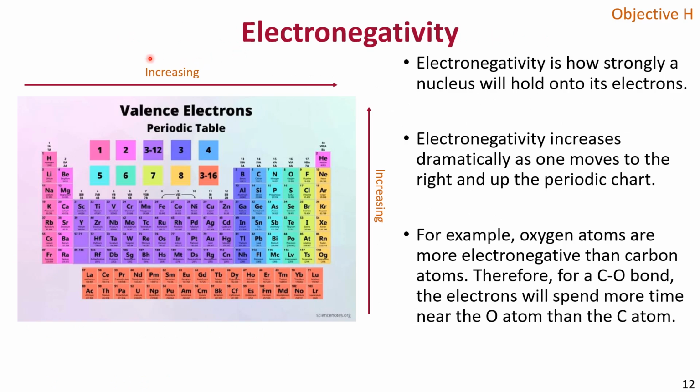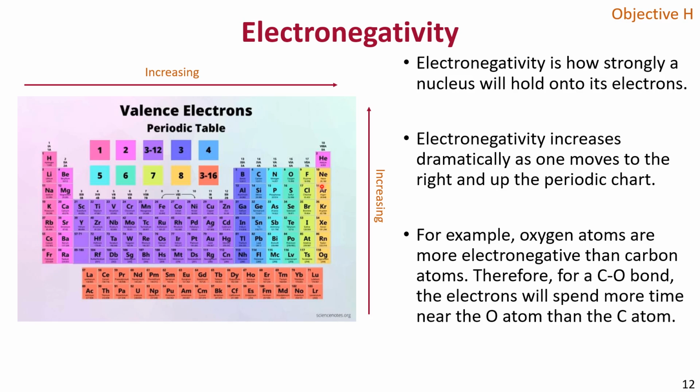When we look at the periodic table as a whole, we can see these trends overall. Electronegativity increases as we move to the right on the periodic table, and electronegativity will increase as we move upward on the periodic table. And when these two are brought together, we see that fluorine should be, and it actually is, the most electronegative element.